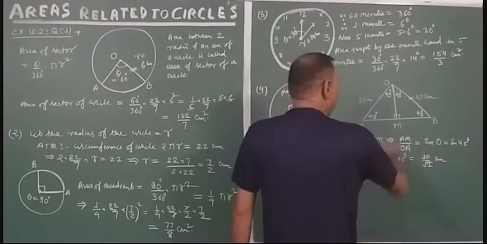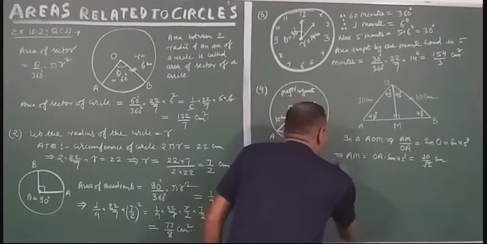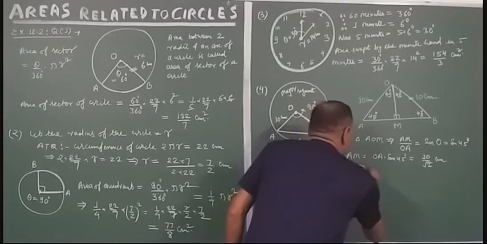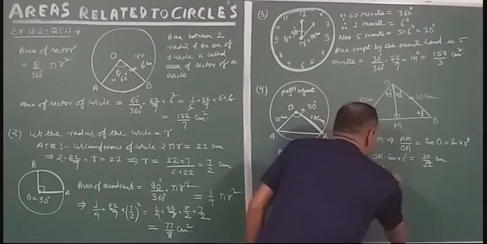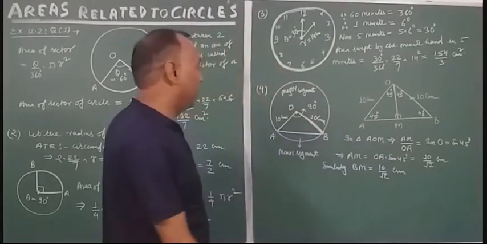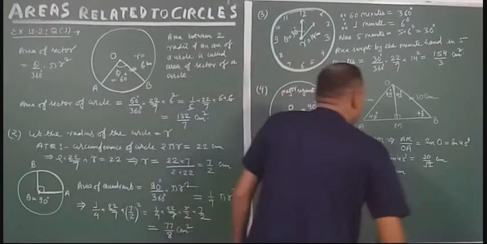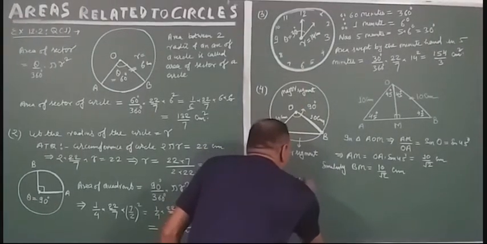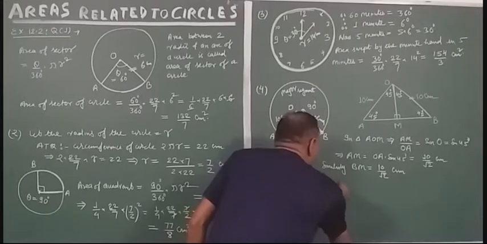Okay. And similarly BM, this will be also 10 upon under root 2 centimeter. And now AB, what will be AB?